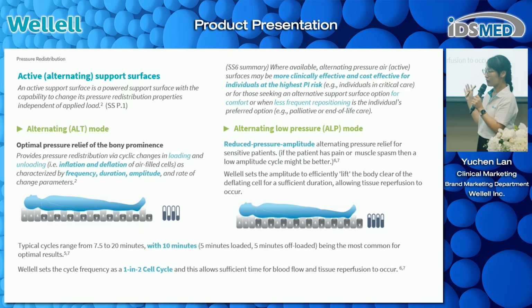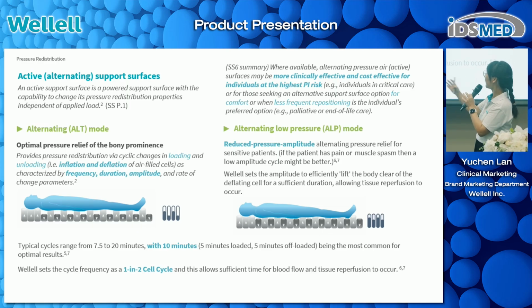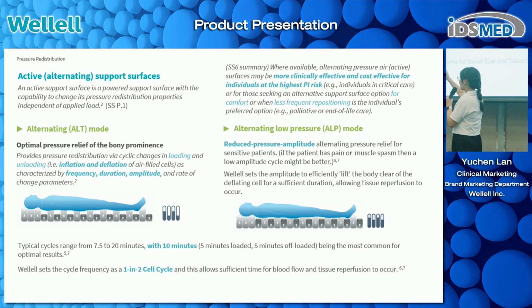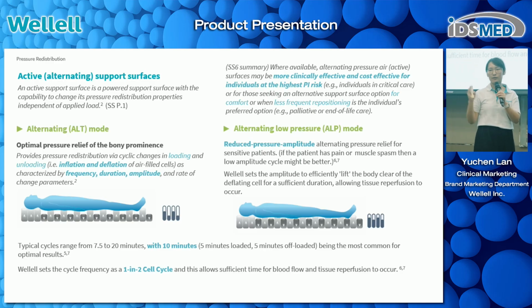And the second one, I think everyone's familiar with. It's called the active support surface. It uses deflation, inflation, deflation, inflation to do the pressure redistribution. For the inflated cells, the air cells give the support, while at the deflated cells the pressure can be relieved. This is called alternating.